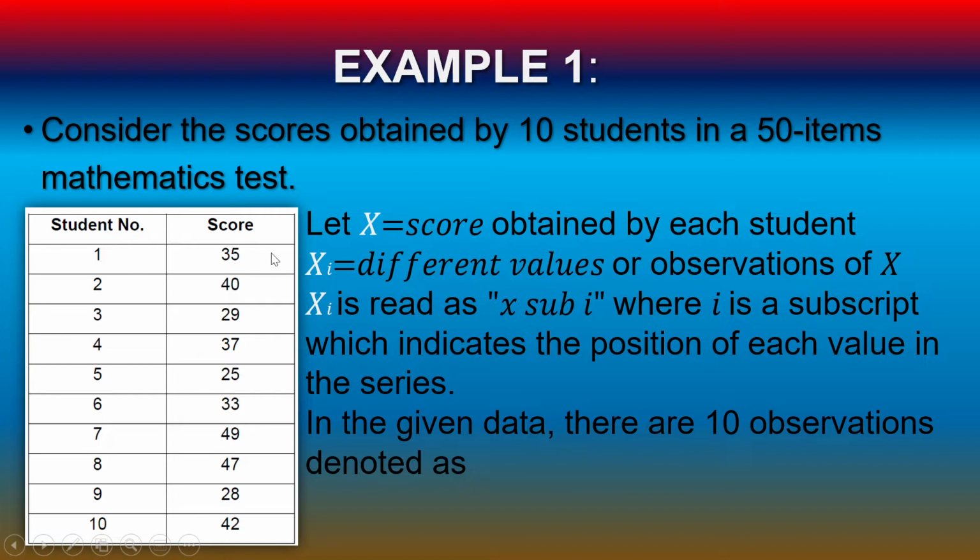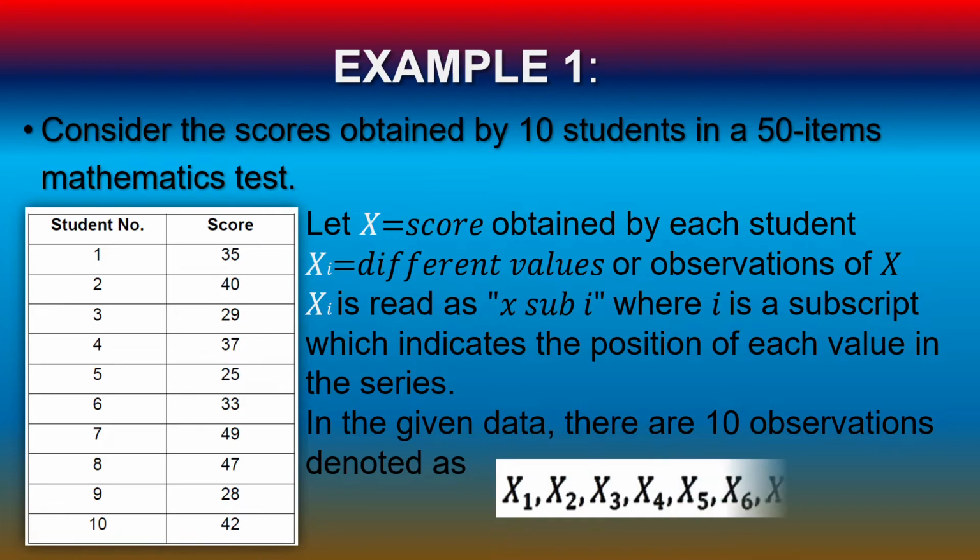So here, in the given sample problem, we have 10 observations. And this is denoted as X sub 1, X sub 2, X sub 3, X sub 4, up to X sub 10.